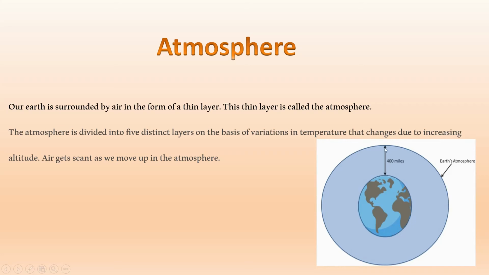As we go up, the temperature decreases, and depending on that, we divide the atmosphere into different layers. And as we go up into the atmosphere, the amount of air present decreases. That means air gets scant as we move up into the atmosphere.